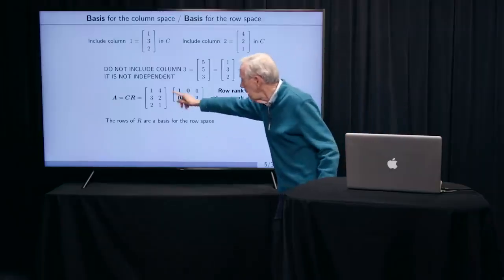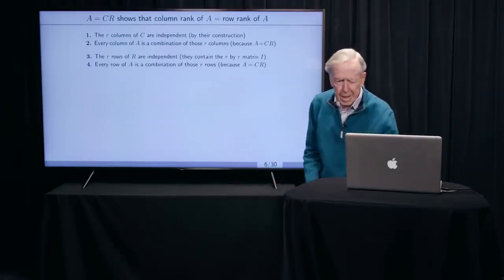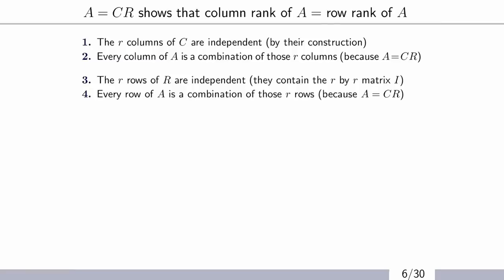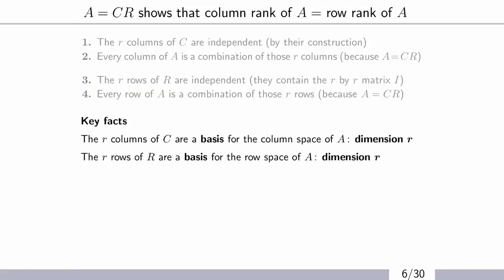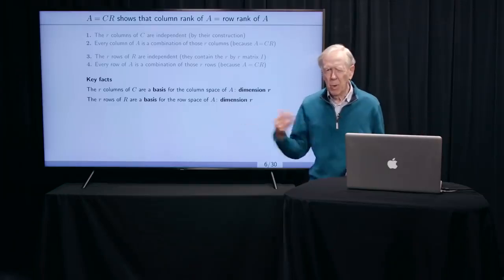So two columns first in C, 2 rows in R. And that's telling us, and we just checked that those 2 columns were independent, the 2 rows are independent, they're the basis, and then we learned that the column space has dimension 2, r equals 2 for this example, and the row space has the same dimension. So the column rank r equals the row rank r.